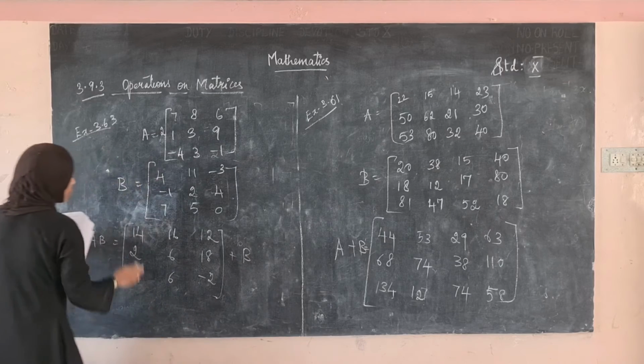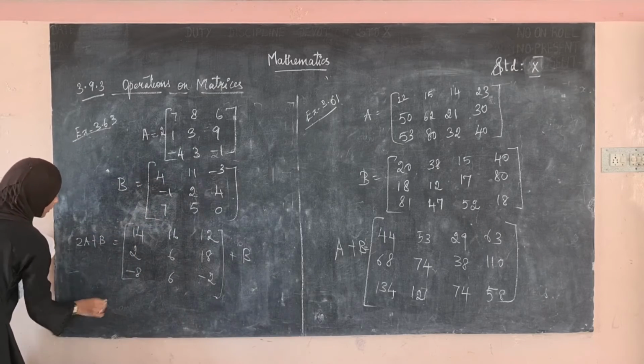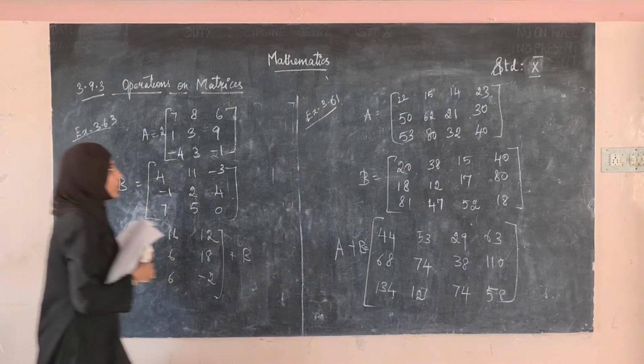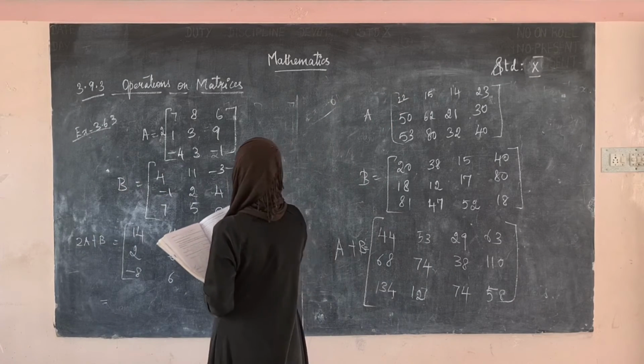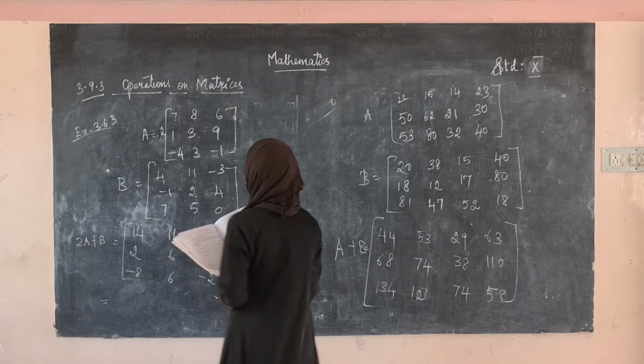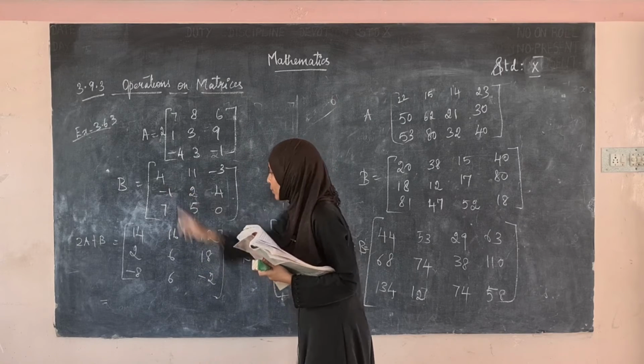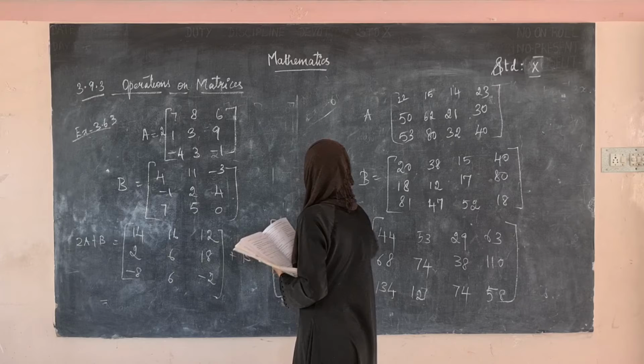We have to add this and this. So what will be the answer? See, now let us do here. 14 plus 4 is 18.